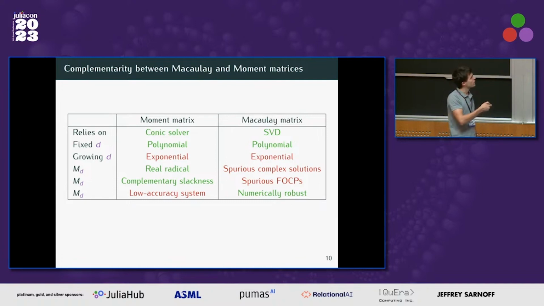Instead, in the Macaulay case, you're trying to find critical points. The critical points can be anywhere; it can be a local maximizer, and it can even be a complex solution of the algebraic system. So somehow you usually have a small set of solutions because they are critical points, but they are not at all going to be where the polynomial is small. And so in a sense, what you really want is something at the intersection of the two.